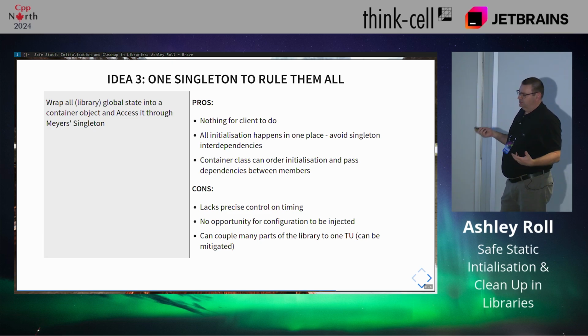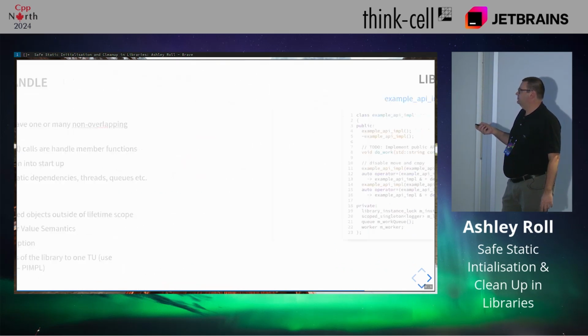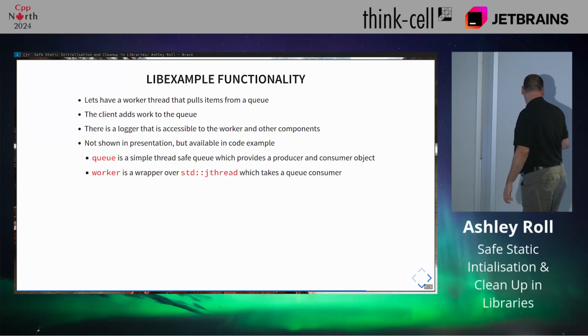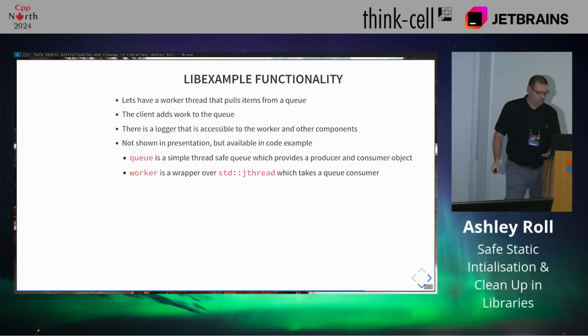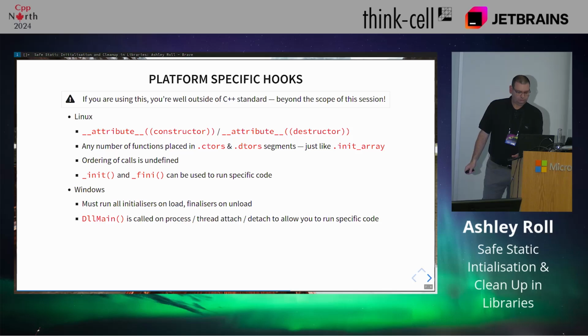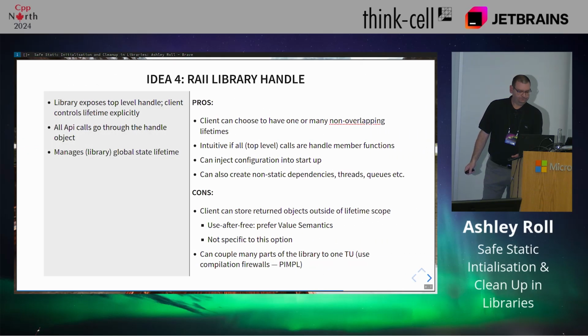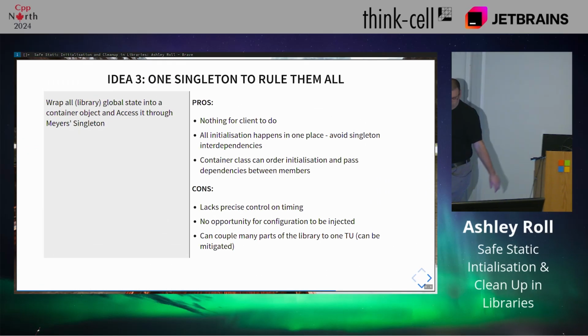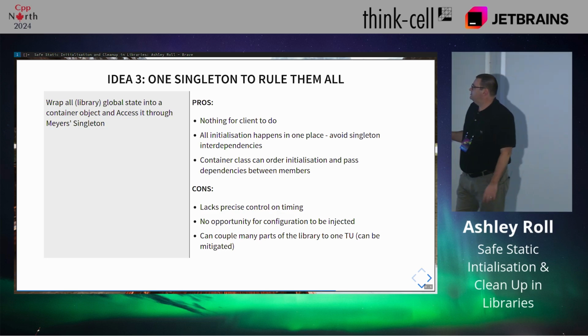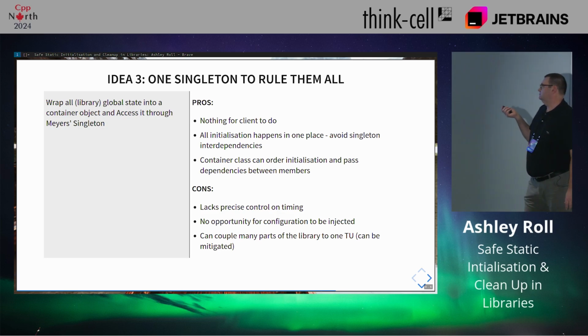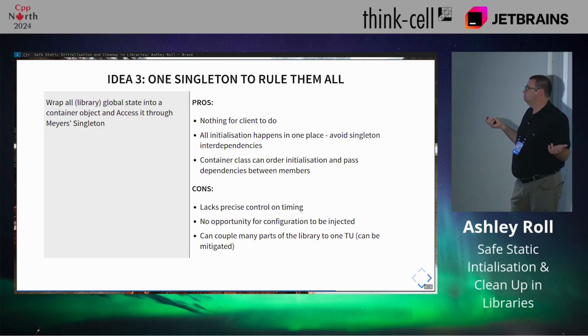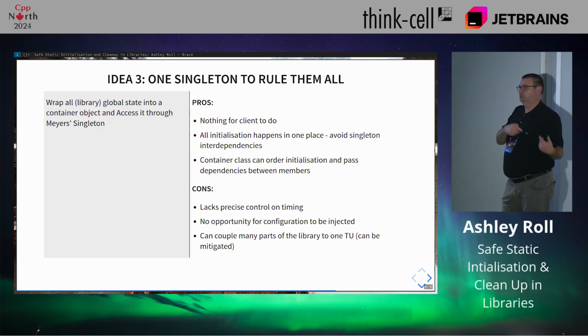We lack precise control on timing of when that's going to occur, because it's going to be down to when it's injected into that init array. And it's pretty hard to inject configuration into that, because there's nothing available from the outside world to put configuration in.